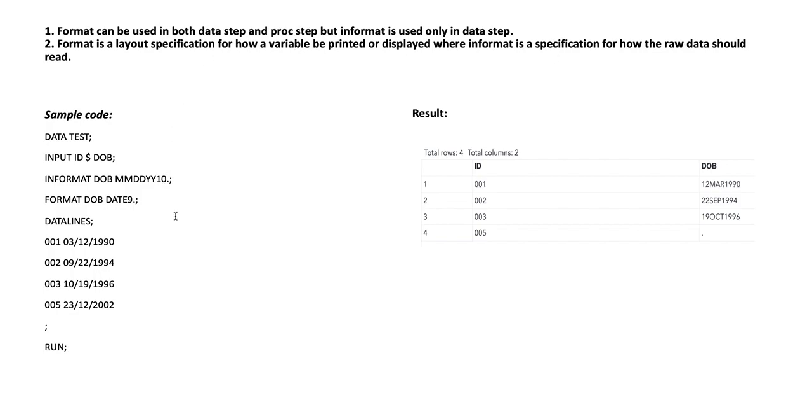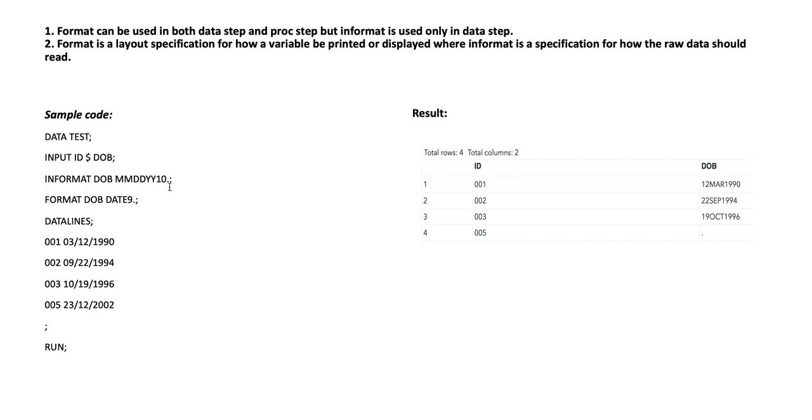We have a simple code here. Data test, input ID and DOB. That means it has 2 variables, one is ID, another one is date of birth. Informat date of birth MMDDYY10.